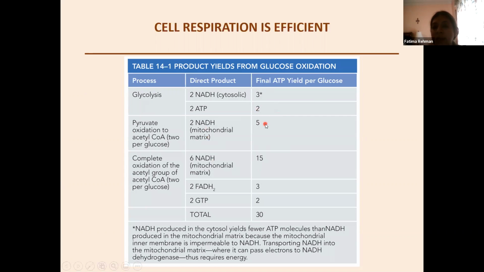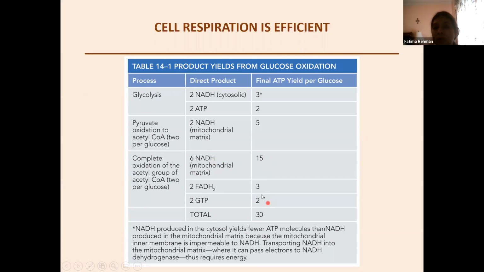From these NADH, you would get a yield of 5 each. And then as you go through the citric acid cycle, you generate another 6 NADH molecules in the mitochondrial matrix. You generate 2 FADH2 and 2 GTP. Each one of these is going to yield a certain number of ATPs as well.